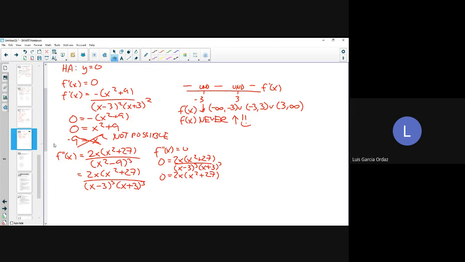I can divide both sides by 2x, which means that my 2x cancels out. And again, this is not possible because I cannot have a square root of a negative number, which means based on my denominators, my f double prime at x is undefined at x is equal to plus and minus 3.